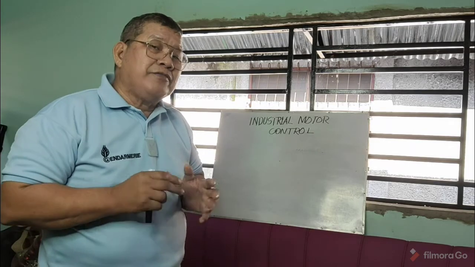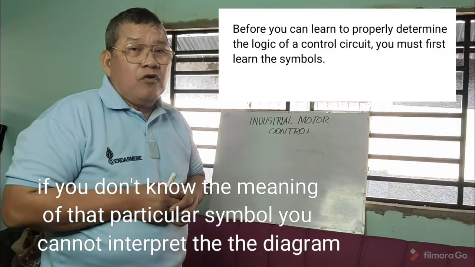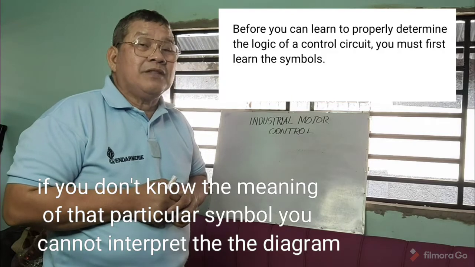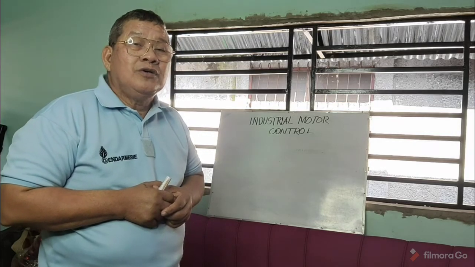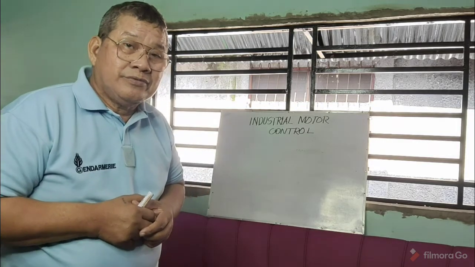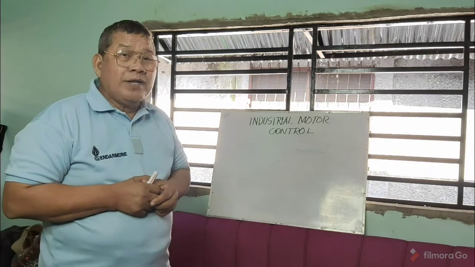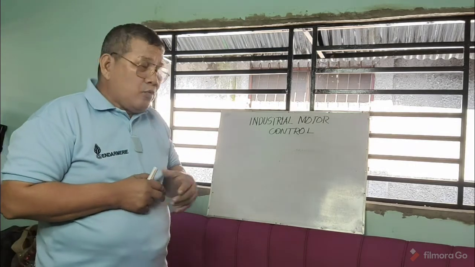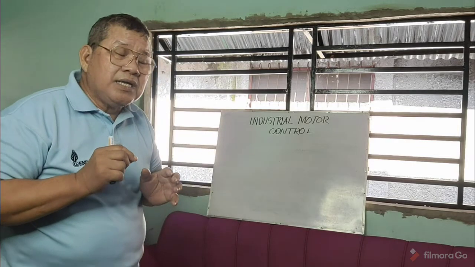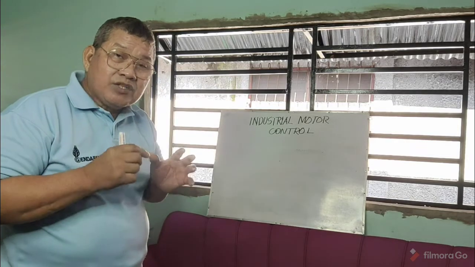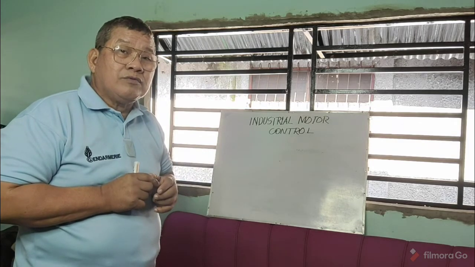If you do not know the meaning of the particular symbols, you cannot interpret the diagrams, and then it is very difficult for you to do the connections. That is why this morning I will give you the basic ones, and when I give the symbol, I will immediately let you see the actual appearance of that particular part of the contactor.